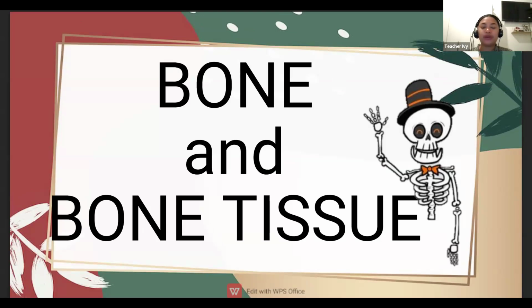Tonight, we'll learn how bone is developed, how bone is structured, becoming long and short, and what the different bones are that belong to the other types.